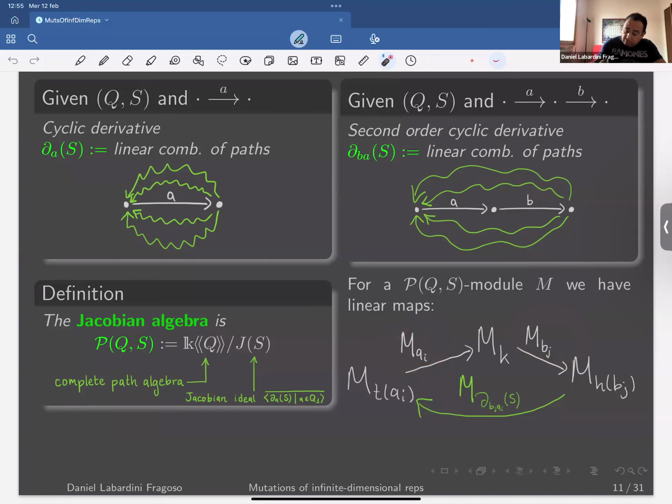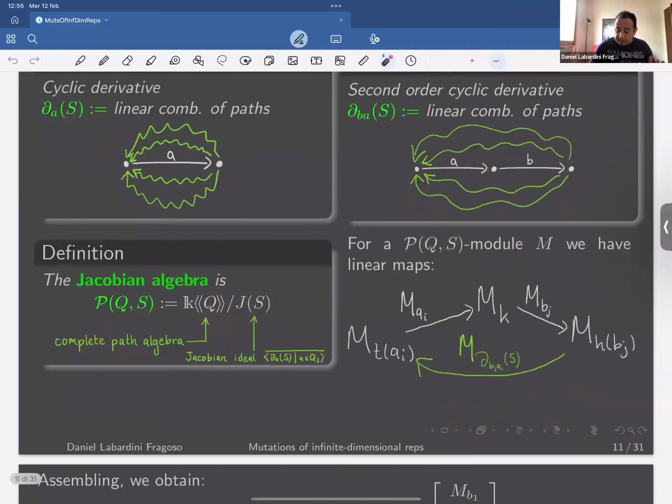But also the second order cyclic derivative, being an element of a linear combination of paths, also acts on the representation. And how does it act? Well, it acts through a certain linear map. So we also have this linear map, from the head of the two path to the tail of the two path, so in that direction.